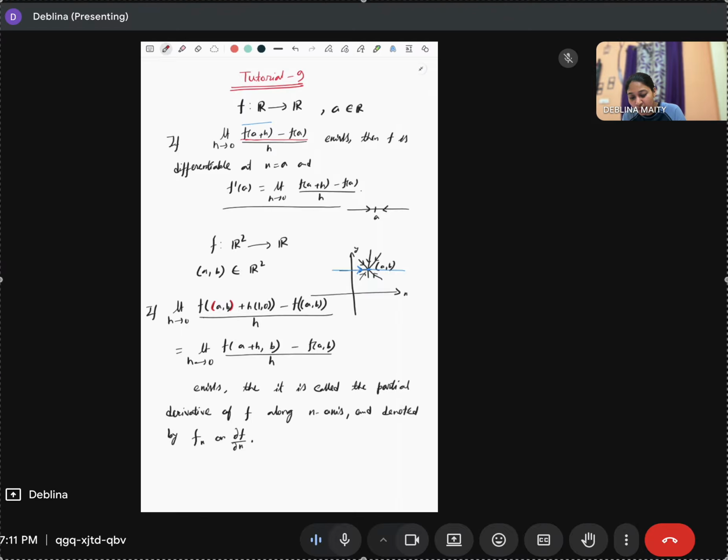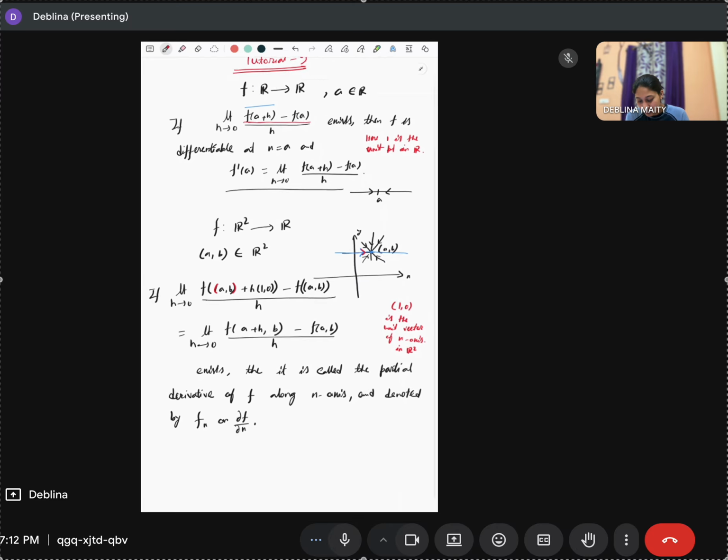Here we are approaching along the x-axis, so that's why this is h into (1, 0). (1, 0) is the unit vector of the x-axis here in R2, and here 1 is the unit point in R, where there is only a single line.